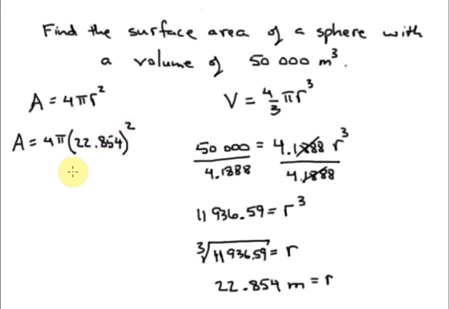Okay, now if I do that, throw it all into the calculator, I ended up with 6,563.48, working to 2 decimal places, and this would be square meters because we're talking about area. So this is my answer.